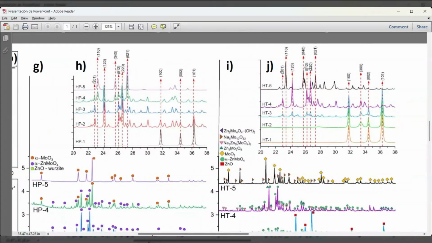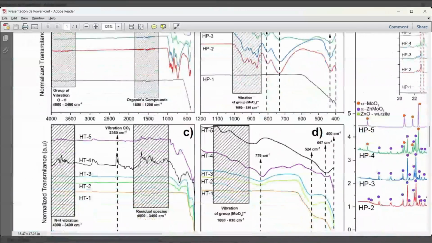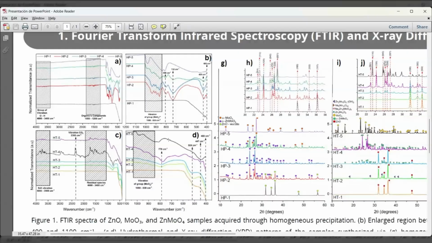The vibrational spectroscopy results support the X-ray diffraction observations. In the molybdenum-containing samples, vibrations associated with molybdenum oxide and zinc molybdate become progressively more evident as the molybdenum content increases.